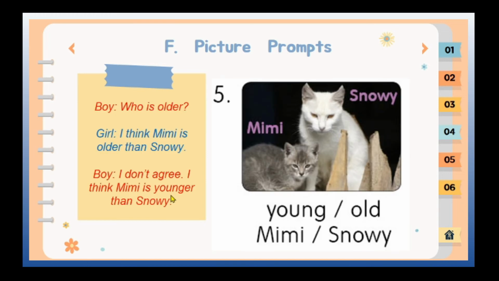Alright. Now on number 5, take a look at the photo. The young is named Mimi and the old named Snowy. Now here for the boys, who is older? I think Mimi is older than Snowy. I don't agree. I think Mimi is younger than Snowy.